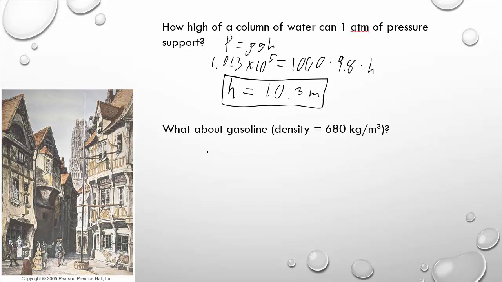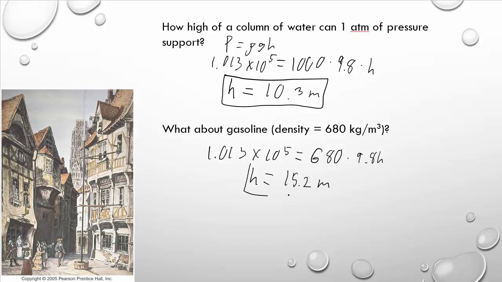We're going to have the same calculation, 1.013 times 10 to the 5th, and instead of having 1,000, we're going to have 680 times 9.8 times the height, and in this case we get a whopping height of 15.2 meters.